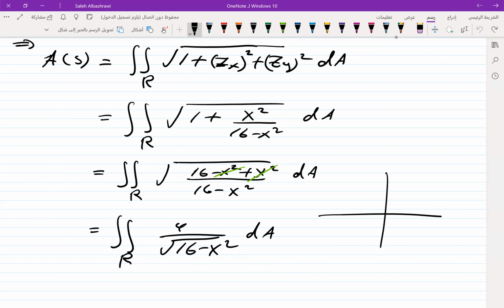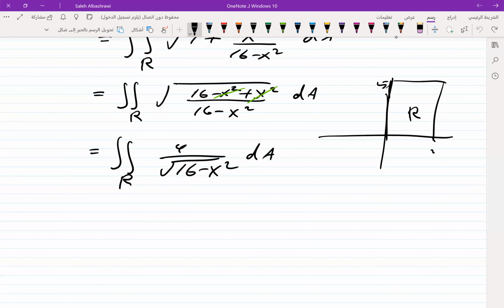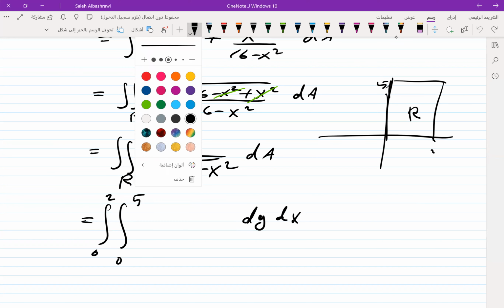And R is between 0 and 2 and 0 and 5. It is just a rectangle. This is R. So we are going to integrate dy dx. The limit for dy is from 0 to 5, dx from 0 to 2. Now I have 4 divided by square root of 16 minus x squared. To integrate this one, I'm going to take 16 as a common factor from the denominator, just to simplify it.